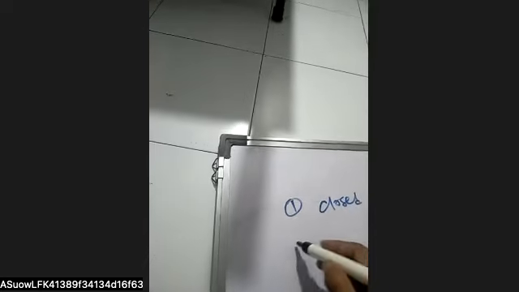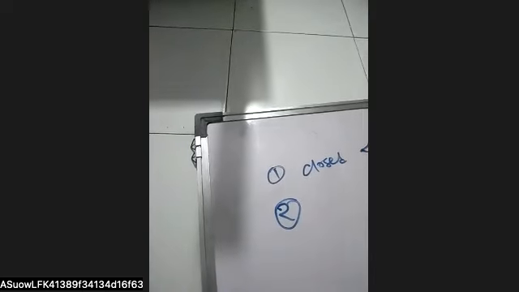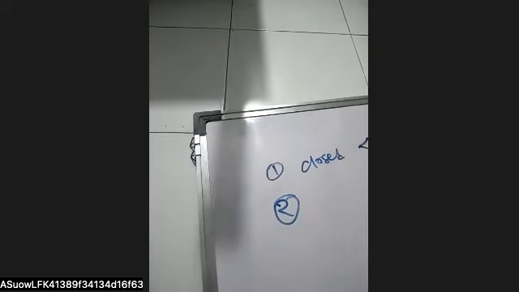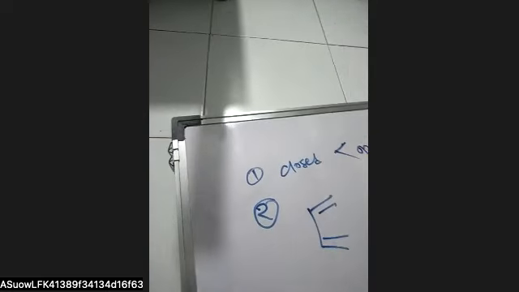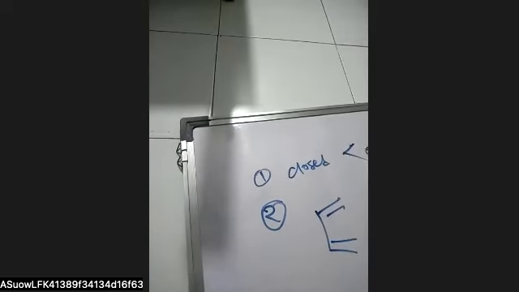The second rule states that if we are having an even system and an odd system, the attack will first go to the odd system.